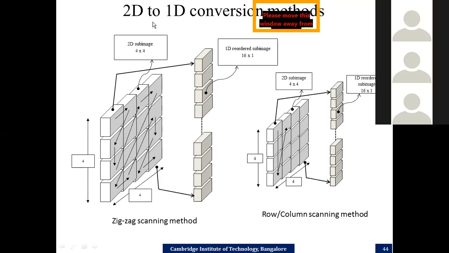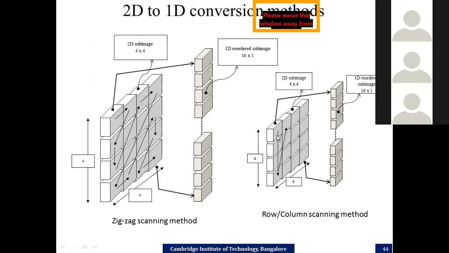So what we do, when you do that 2D to 1D conversion, see, if you take the picture on the right hand side, if you do a column or row scanning, the first column is converted and put in the first 4 elements, then the second column, and the correlation between these pixels is completely eliminated. Because the first pixel, second pixel, third pixel are all very close by.